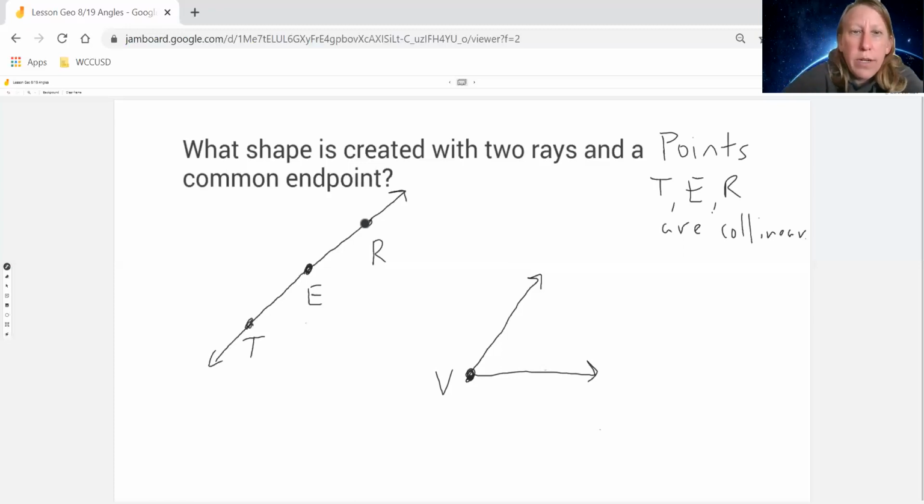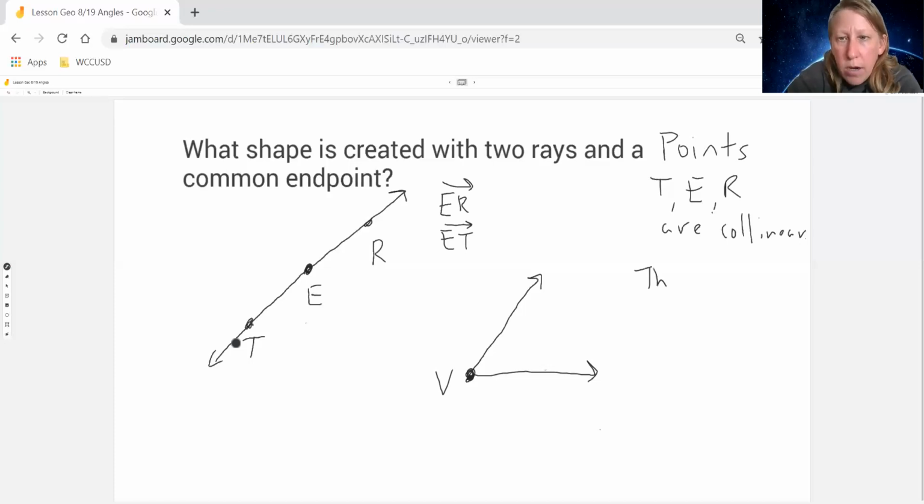Another thing we could talk about is the relationship between these 2 rays. The ray that goes out this way and the ray that goes out this way. So when you have this special situation where you have 2 rays that start with the same letter, but go exactly in opposite directions. So you have ray ER and ray ET. If you have both of those rays, those are called opposite rays.